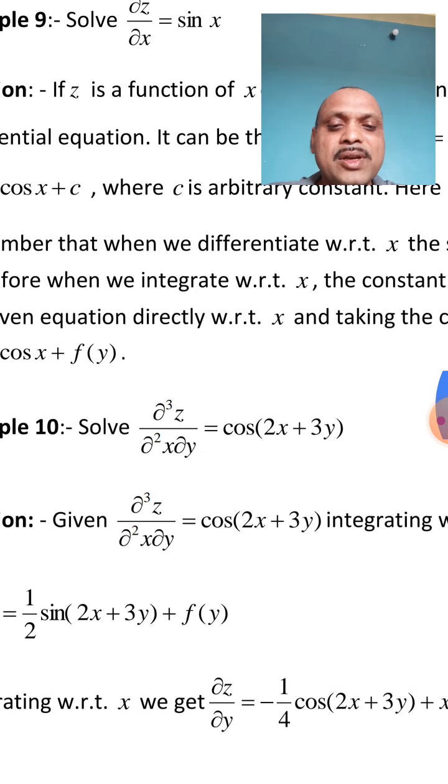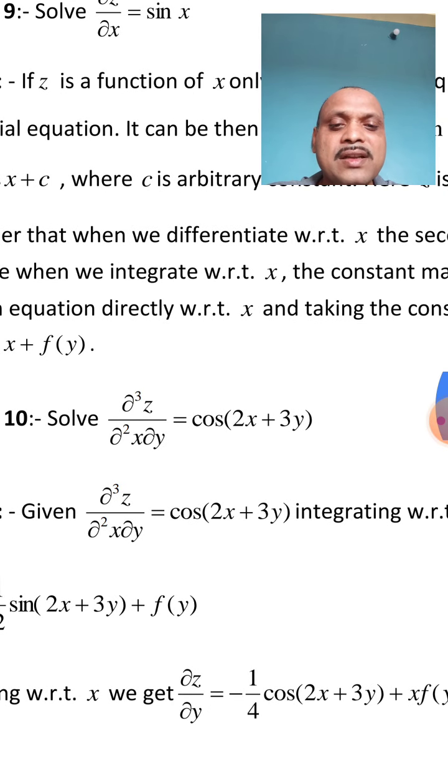Now the next example, let us see del 3 z divided by del x square, I will make a correction, del x square del y, equal to cos of 2x plus 3y.